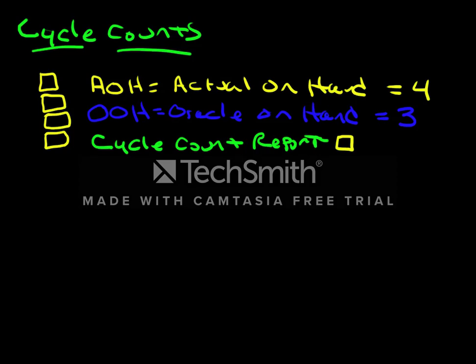So we print that report and we go out to the warehouse and we count how many yellow squares we have. And as we just said above, the actual count that we do is going to be 4, assuming we count correctly. The count is going to be 4.